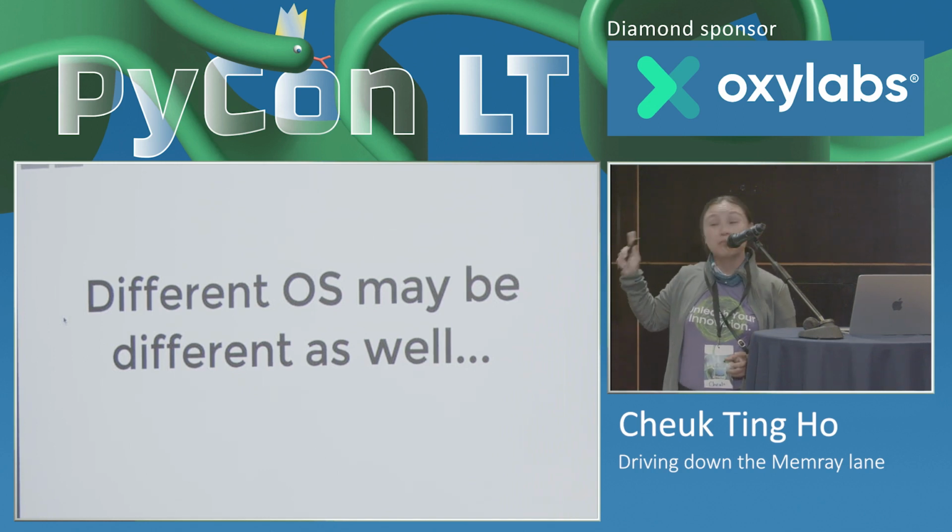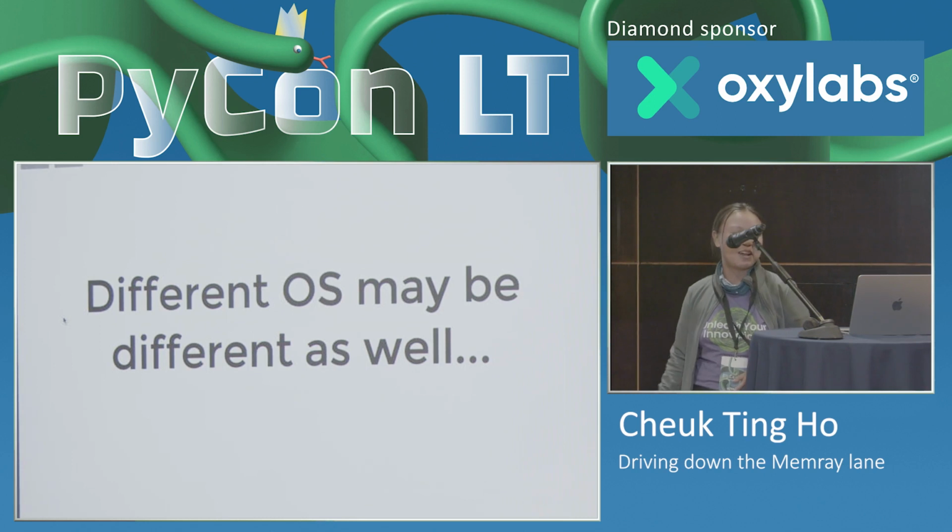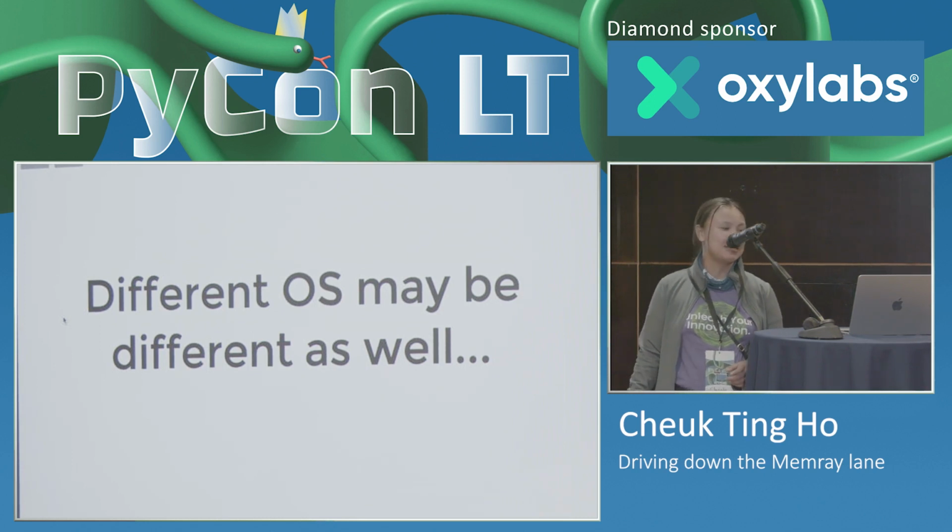For example, Memray, which is the tool that we'll talk about, obviously doesn't support Windows because someone needs to develop another mechanism for Windows. And right now the team at Bloomberg doesn't have a use case for Windows, so nobody is maintaining and creating it.